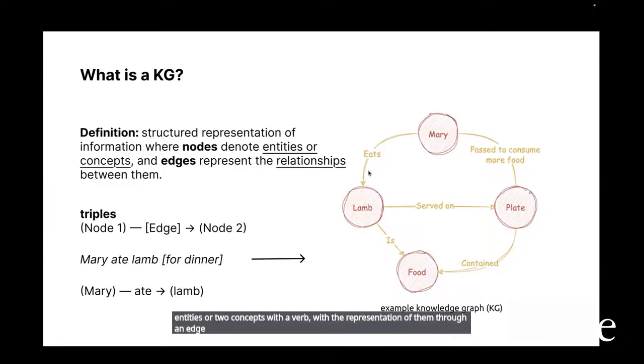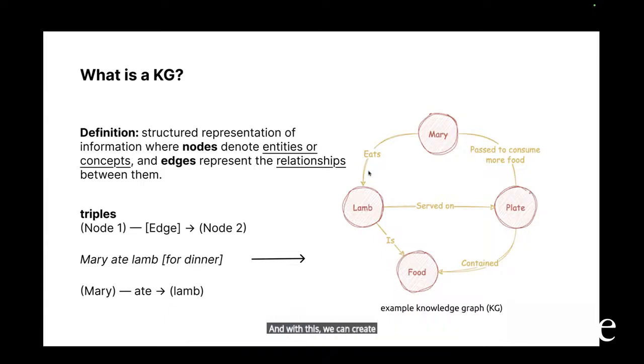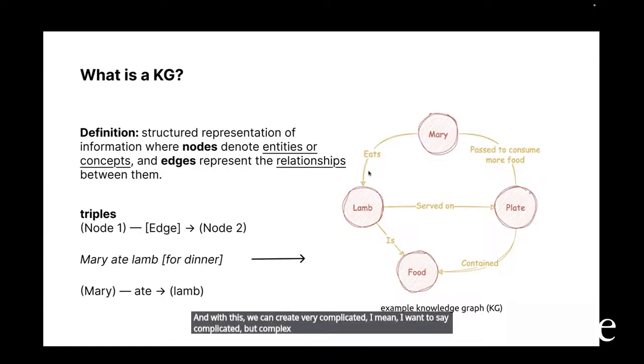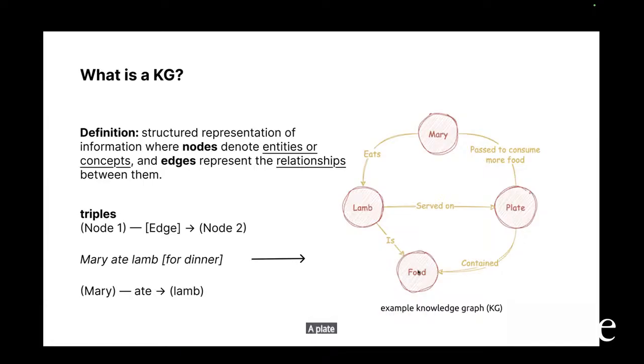And with this, we can create very complicated, I want to say complicated, but complex representations of data. So for instance, Mary eats lamb, lamb is food, a plate contains food, lamb is served on plate.